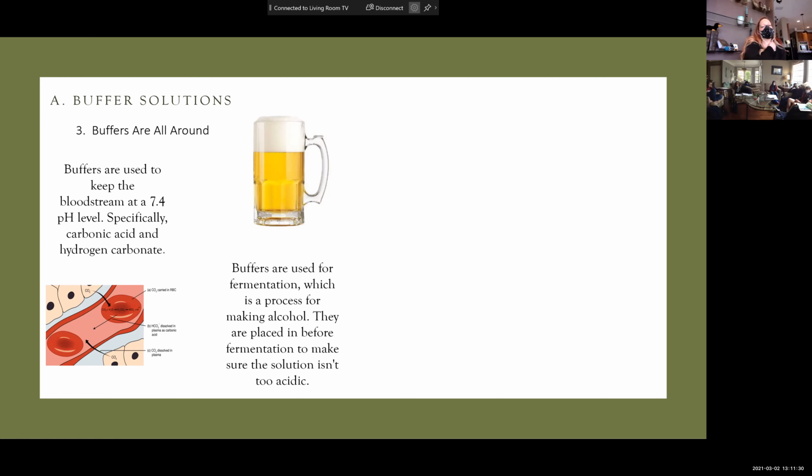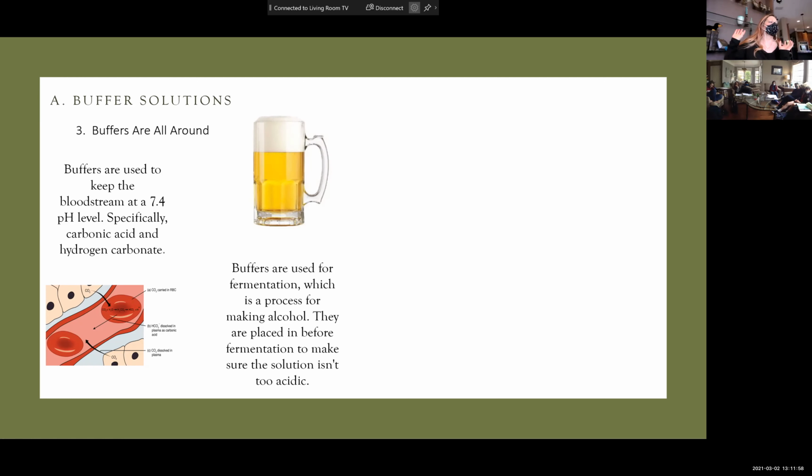So buffers are used for fermentation. I thought it was funny because when I found this example online, they had a picture with it, and the picture was a bunch of mixed drinks, which means that whoever put that picture there doesn't realize the difference between fermentation and distillation. Alcohol like vodka and rum are distilled spirits.